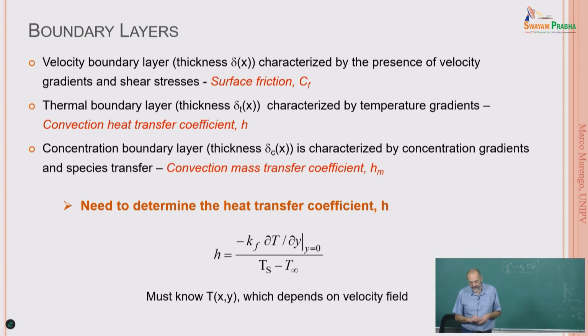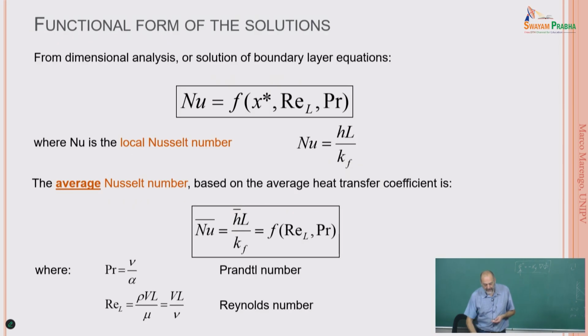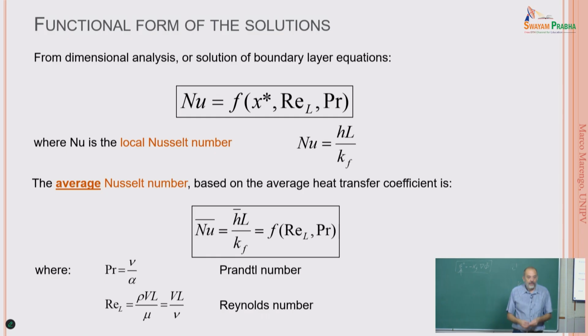I don't have time. So we need to determine the heat transfer coefficient in the boundary layer. It's possible to have an estimation of what is happening using the Nusselt number. The Nusselt is h, this convection coefficient, multiplied by the characteristic length, divided by the thermal conductivity of the fluid.